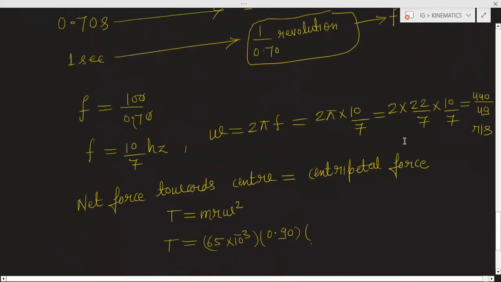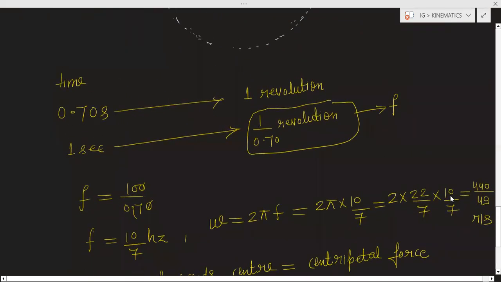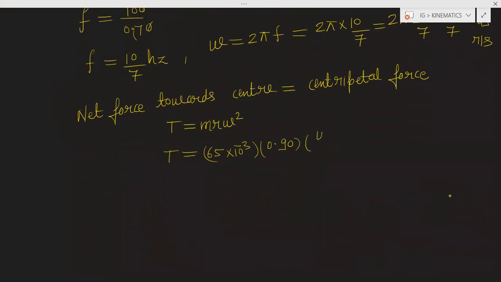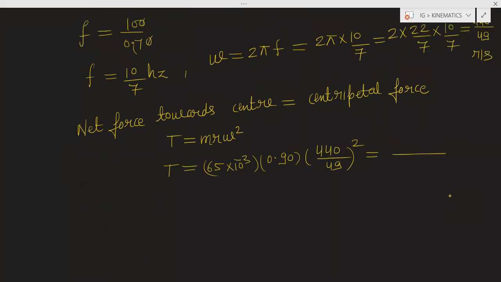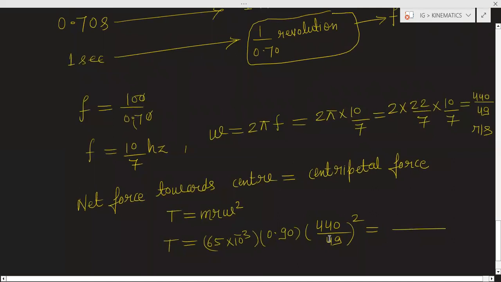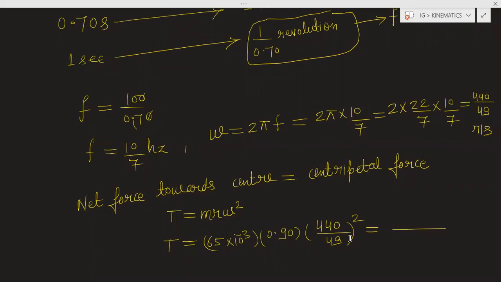Omega square means 440 by 49 square. Shafruddin, please calculate this value with the calculator.